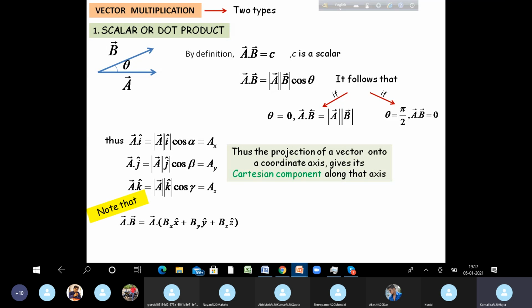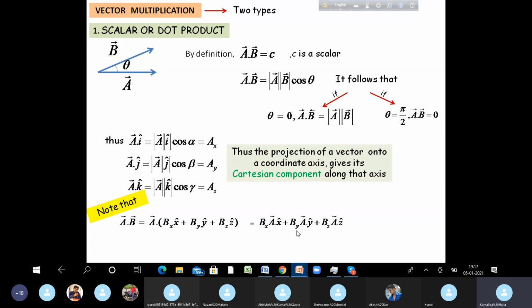Okay. So as I was telling you, in A dot B, for B you can write it in the component form as Bx x cap plus By y cap plus Bz z cap. Since Bx, By and Bz are scalars, you can take them out.